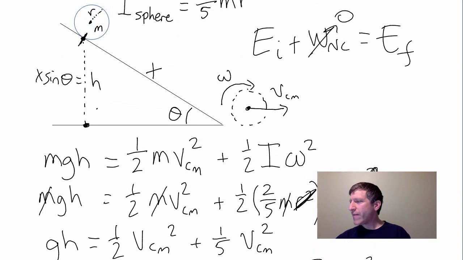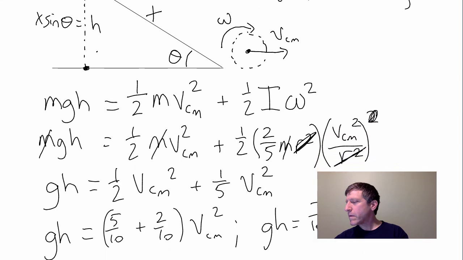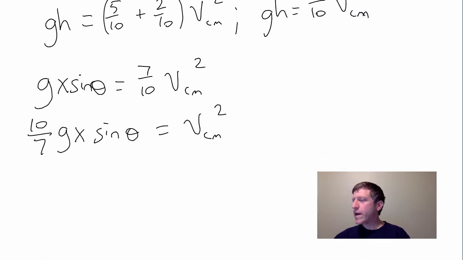Now, if I've got the final speed, how can I find the acceleration? Well, I'm given x, the distance, and I've got the final speed. What's the initial speed? Initial speed is 0. V initial is equal to 0. So let's do it like this.